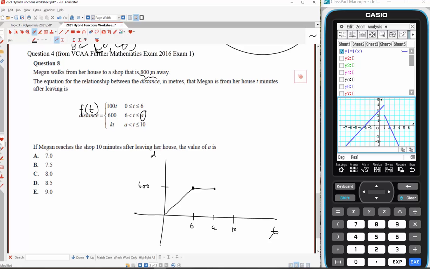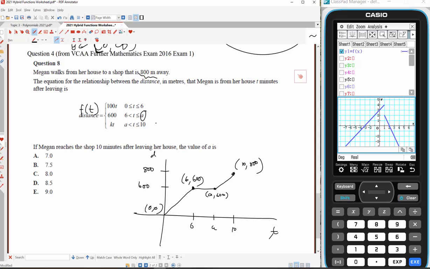So the shop is 800 meters away, so there's 600. It's not really to scale, but it doesn't matter. It's just going to help us plot what roughly the graph looks like. So 10, 800. This point here is a, 600, and this point here is 6, 600, and the origin.